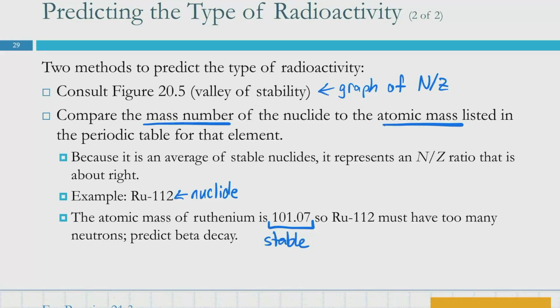So that would represent a stable N to Z ratio. Somewhere around there should be stable for ruthenium. So ruthenium-112, since it's still ruthenium, means that it has the same number of protons but a different number of neutrons.